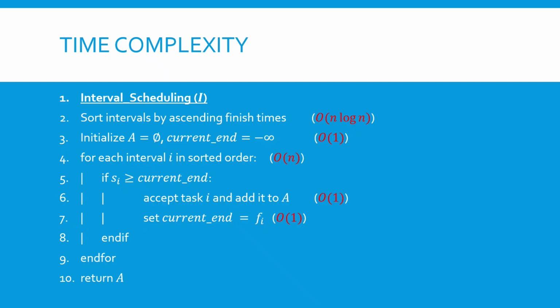In line 4, the for loop examines each job once, running O(n) iterations. Inside the loop, checking start and finish times, adding a job to A, and updating current end all take constant time. Therefore, the overall time complexity is O(n log n), dominated by the initial sorting step.